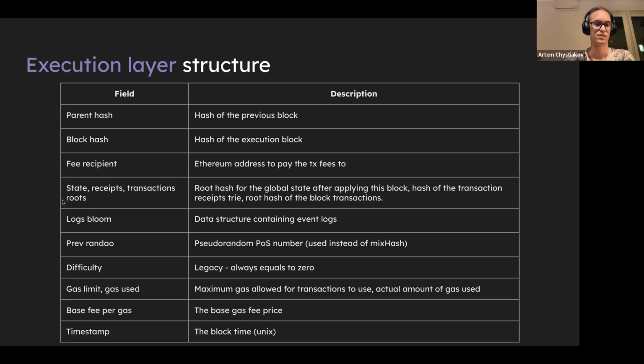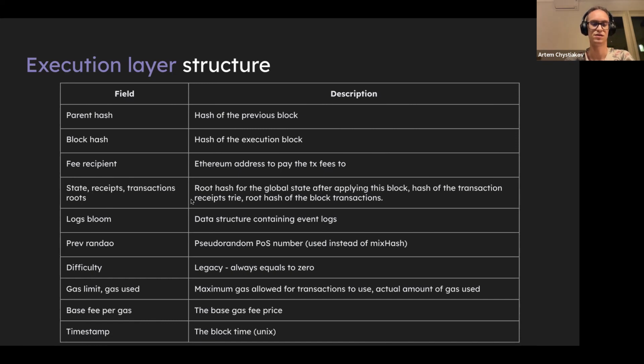Then there are 3 fields that stand for the state of Ethereum: the state, the transaction receipts, and the transaction roots.